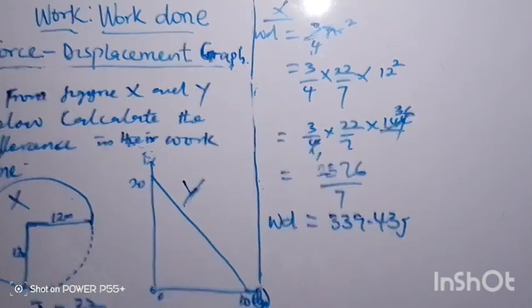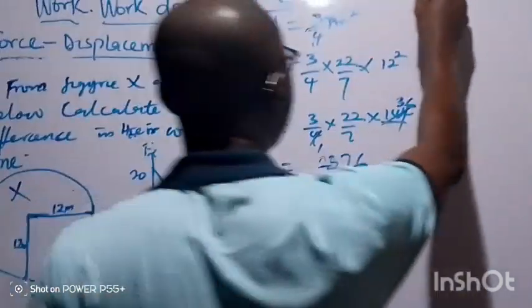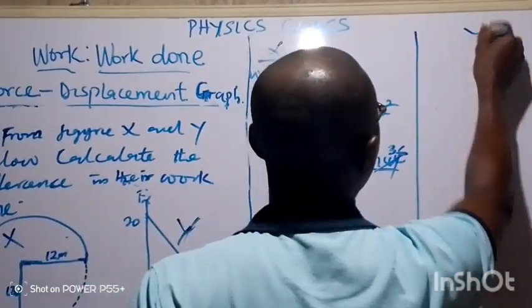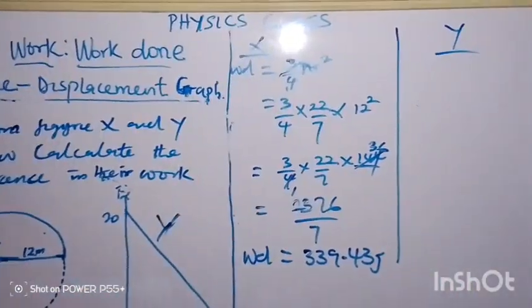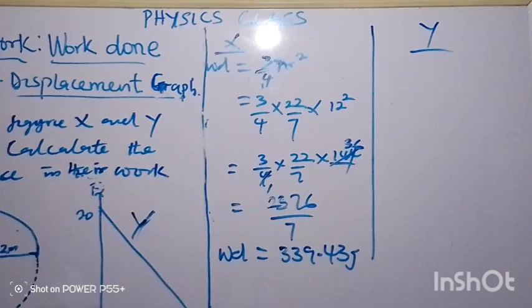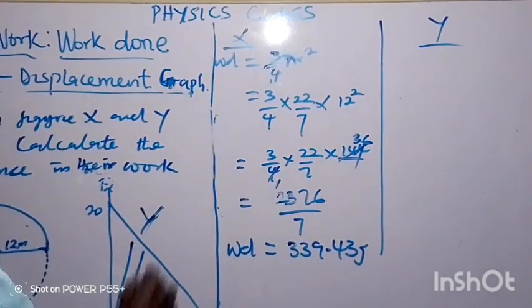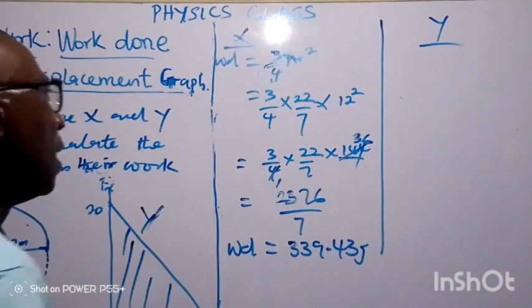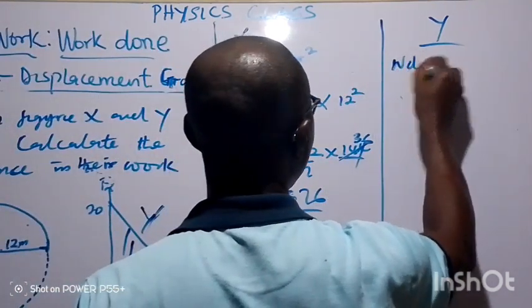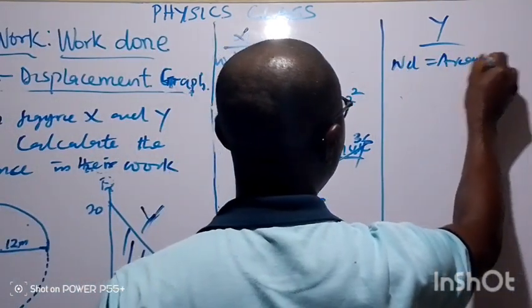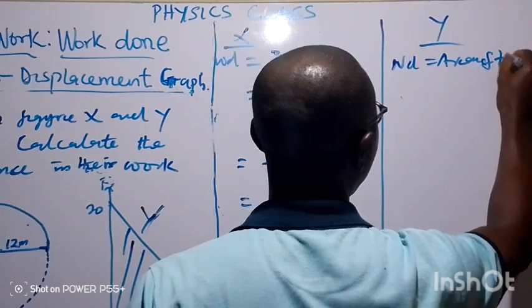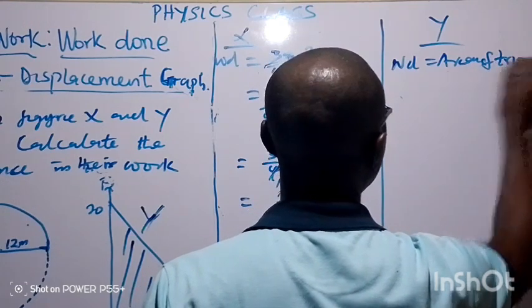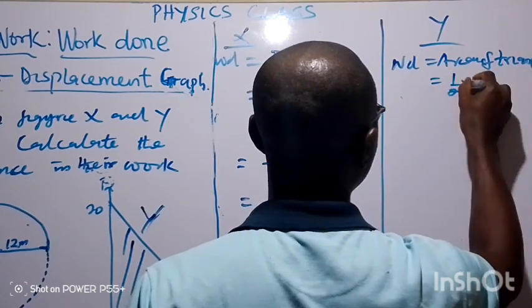Now, the next thing is to calculate for figure Y. For figure Y, without wasting our time, this is a triangle. So the area bounded by this force displacement, work done, will be equal to the area of a triangle, which is half base multiplied by height.